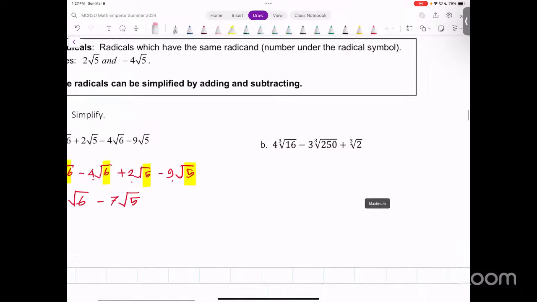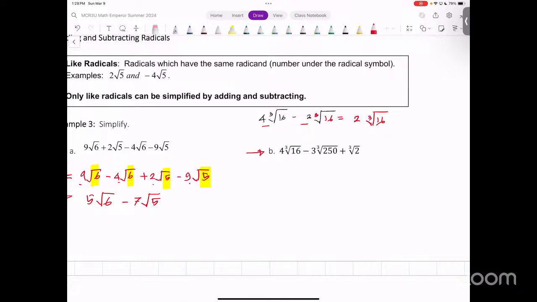So let's see. I'm going to rewrite them back. 16 to the power of 1/3. This is 250 to the power of 1/3. This is 2 to the power of 1/3. Are you seeing the picture? My question here is, can I break it in such a way that something happens? Let's do some magic. So far, so good.